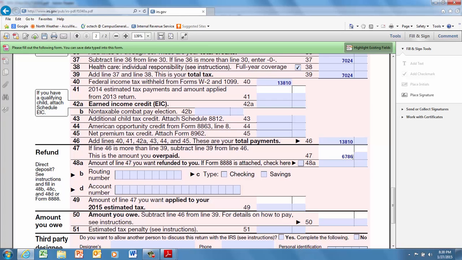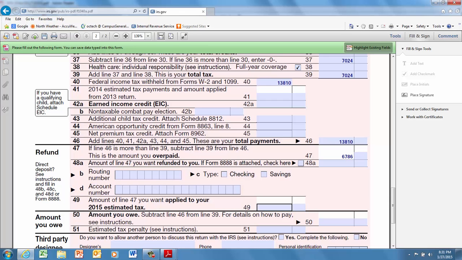However, if you were self-employed, you would owe estimated tax payments, and in that case, you would want some of this refund to be applied to that estimated tax, which is down here on line 49. You would maybe only want some of your refund, or maybe even none of it, to be sent to you in a check.